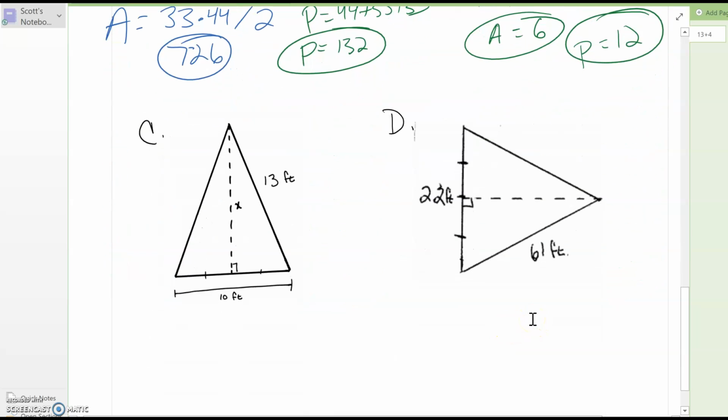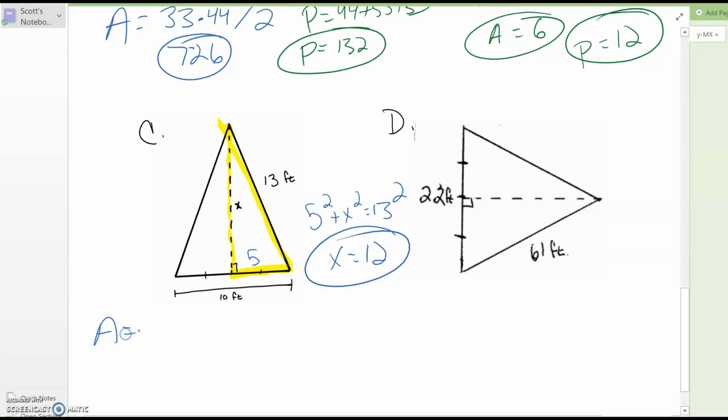The last type of question here, make sure we cut this in half. To make this a 5, so I'd go 5 squared plus x squared equals 13 squared. Subtract, you get x equals 12.